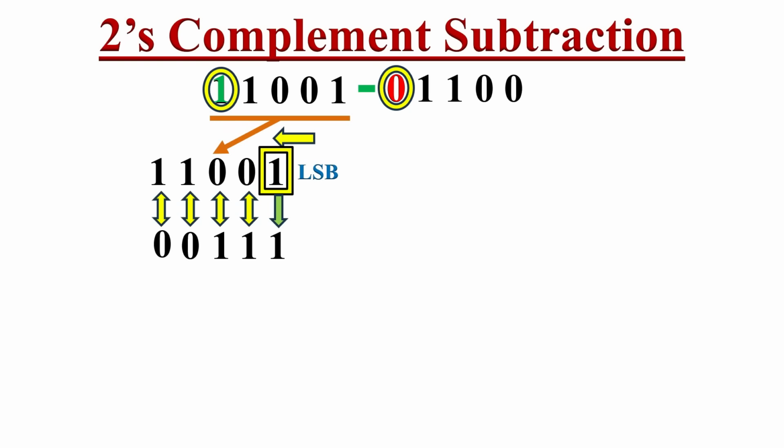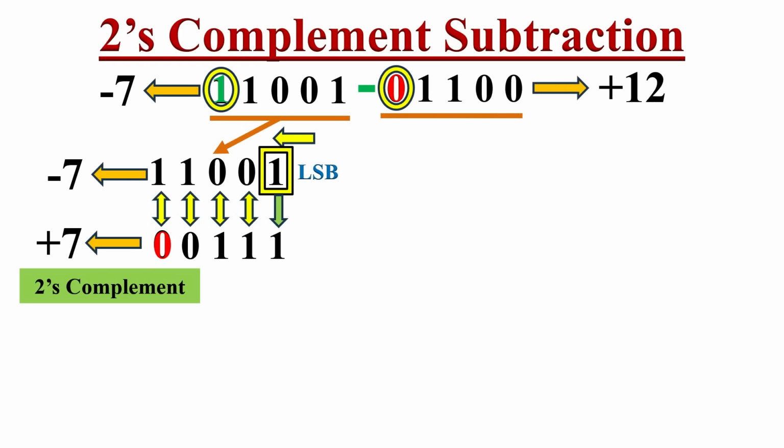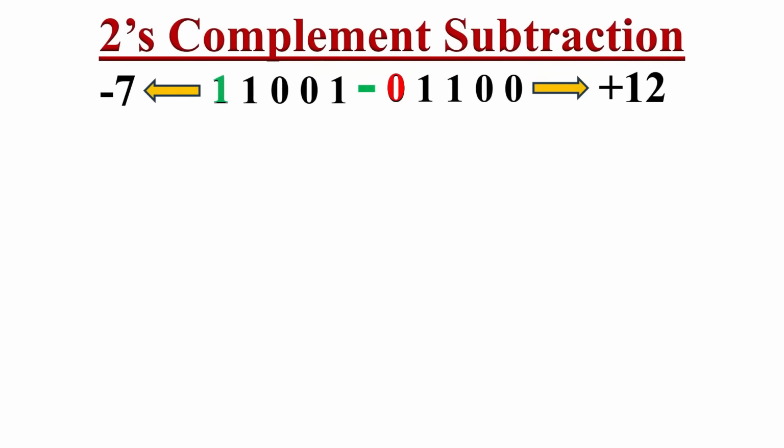Now this 00111 is the binary equivalent of plus 7. Hence the decimal equivalent of the above binary number is minus 7. Now the second binary number 01100 is the equivalent of plus 12. So if you perform subtraction between minus 7 and plus 12, we must get minus 19 as an answer. Let's perform the binary subtraction.